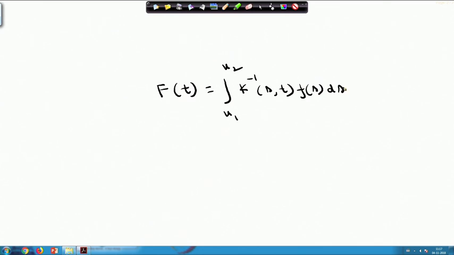This will be a function of s and t, and ultimately you are integrating over s, so that it will be a function of t. In the earlier one, K was a function of s and t and you were integrating over a function of t. So we define this as the inverse kernel, and from there also we can find f(t).